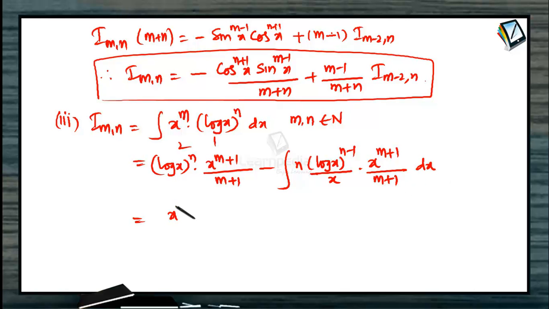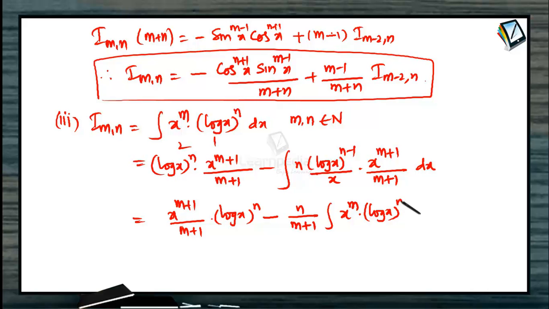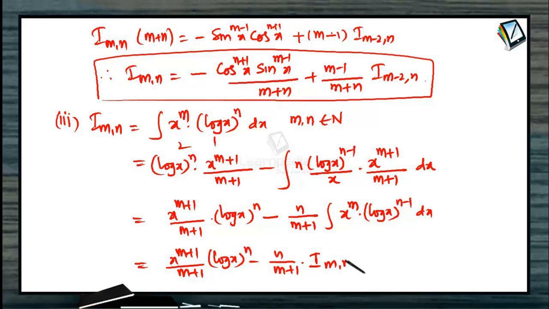That implies x^(m+1) by (m+1) times (log x)^n, minus n by (m+1) times the integral of x^m into (log x)^(n-1) dx, which can be written as x^(m+1) by (m+1) into (log x)^n minus n by (m+1) of this, taken as I(m, n-1).